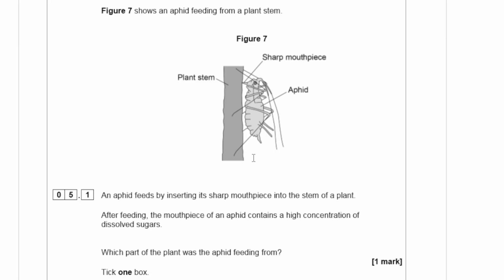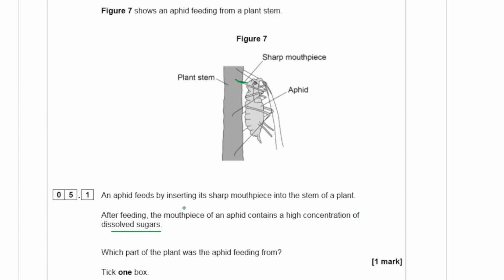An aphid feeds by inserting its sharp mouthpiece into the stem of a plant. So it's very similar to a mosquito, how it actually feeds on us, right? So it has the sharp mouthpiece. After feeding, the mouthpiece of an aphid contains a high concentration of dissolved sugar.